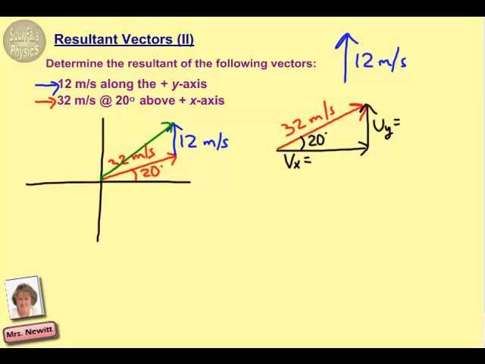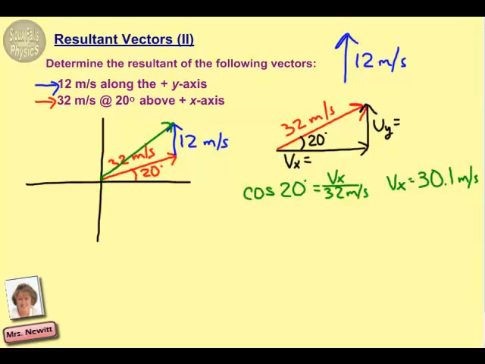So we have our angle of 20 degrees. We'll start with the x component, and the x component would be the cosine or the adjacent side. So the cosine of 20 degrees is equal to the adjacent side over the hypotenuse, which is 32 meters per second, and that gives us an x component of 30.1 meters per second.